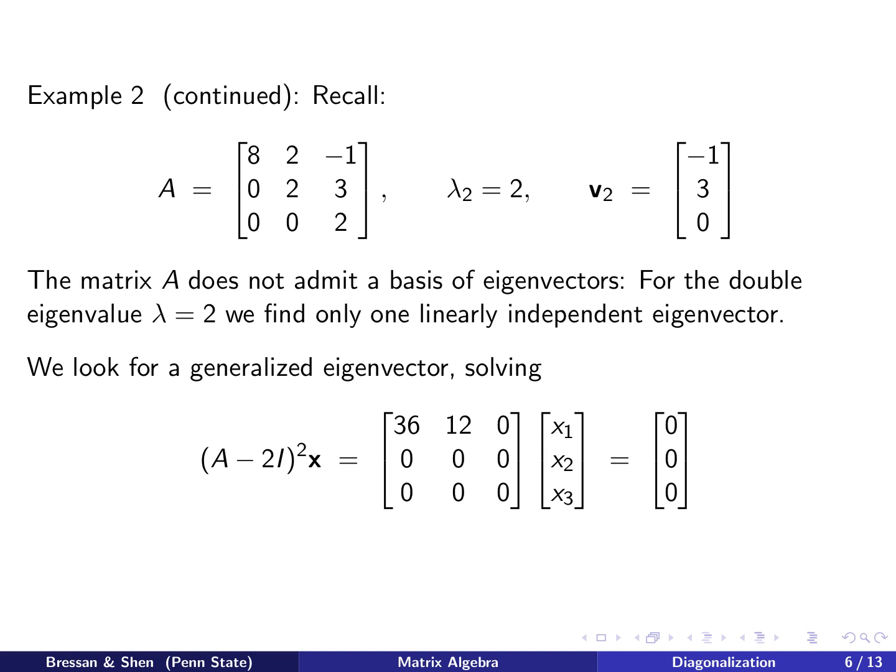Now we look for a generalized eigenvector, and we raise up the k, so now k will be 2, so we'll be solving this equation: A minus 2I, where 2 is the eigenvalue, squared, times x equals 0. You put in lambda equals 2, multiply this matrix by itself, and you get this one. So you have this matrix times this x vector equals the 0 vector.